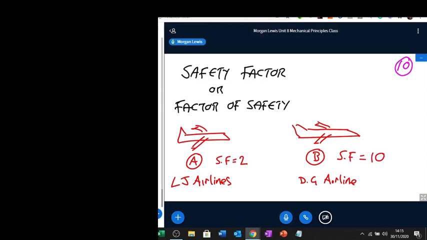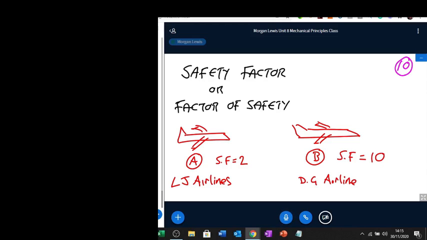Which one is the safest? Bearing in mind, safety factor, the higher the safety factor, the safer, because it's got a safety factor of 10. So the bigger the safety factor, the safer it is.